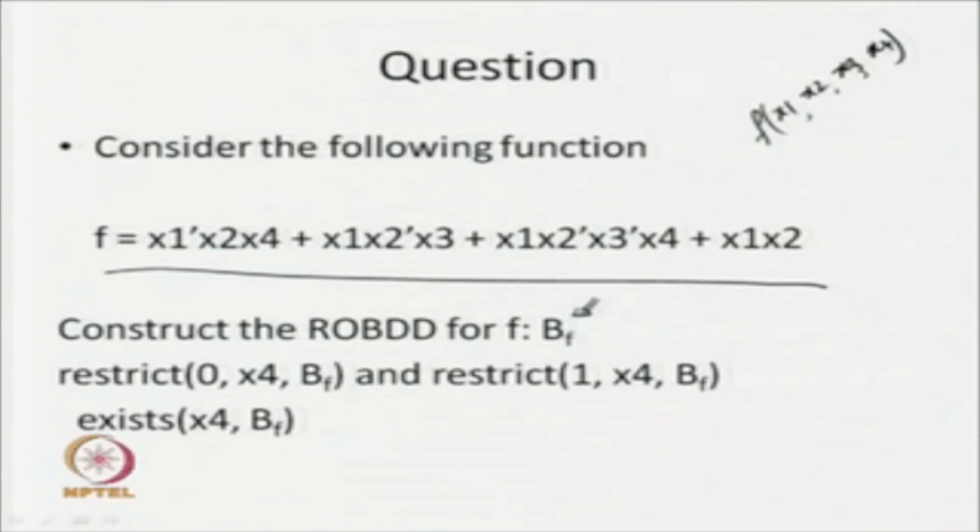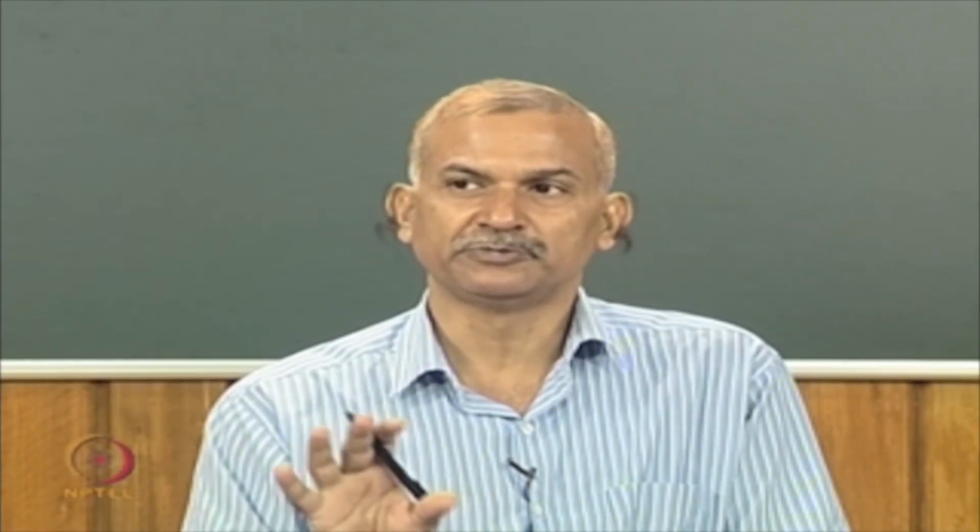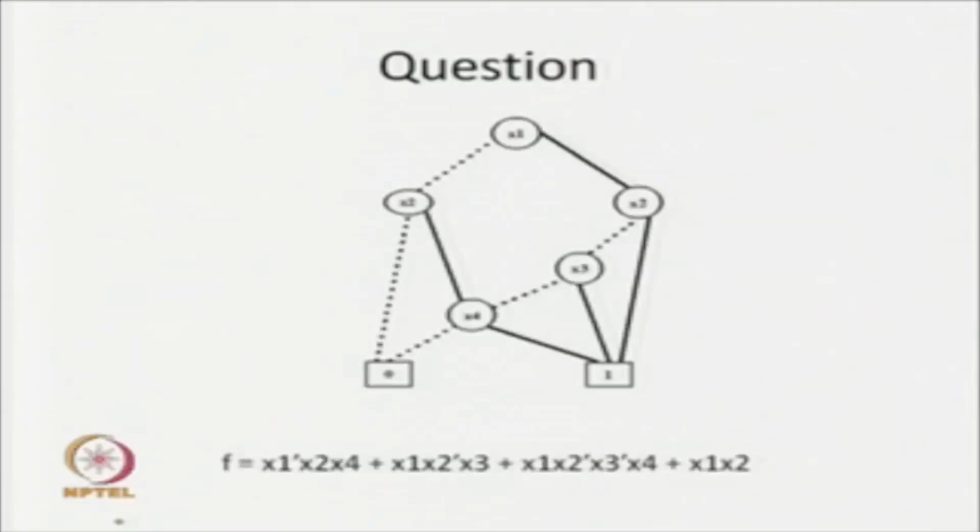So, construct the BDDs and after that you look for this function exists x 4 B f, that means you are relaxing the constraint on the variable x 4 in the given function. Okay. Just see what the BDD B f will look like. You can use the Shannon expansion to construct this BDD. Here I will just give you the resultant BDD. Okay.